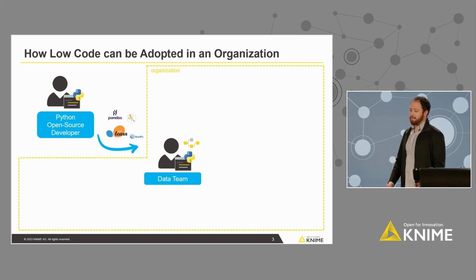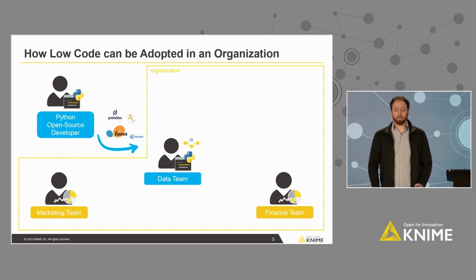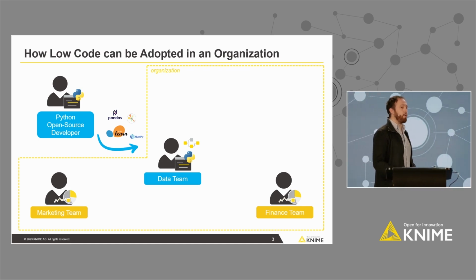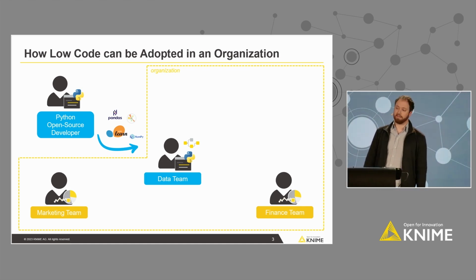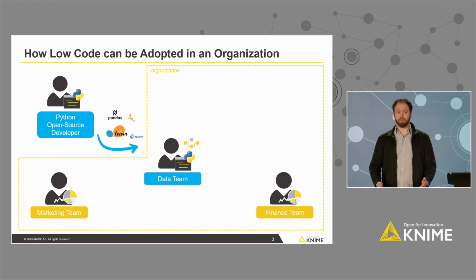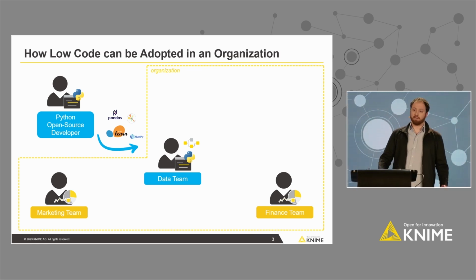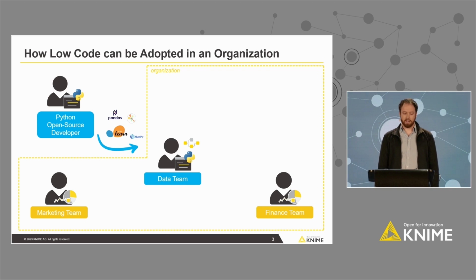And the thing is that they also have to work with people that require their help, with all these amazing skills they have. For example, the marketing team wants to drive more traffic on the organization website, or the finance team wants to analyze their finance data.